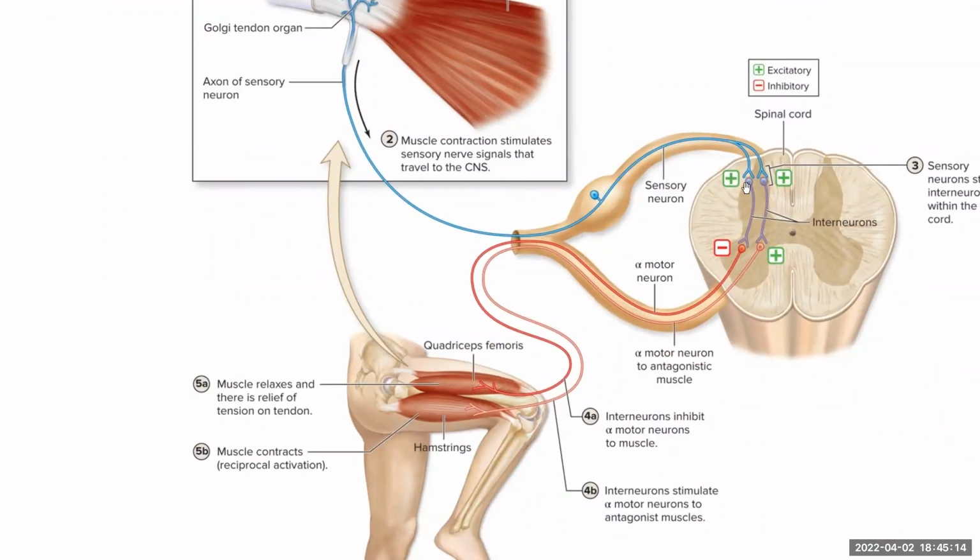It'll excite the interneuron. This interneuron is going to inhibit the alpha motor neuron that is stimulating the agonist muscle, the muscle that is contracting too much. So in this example, we're going to use the quadriceps muscle here. Your quadriceps femoris muscle group is contracting too much.